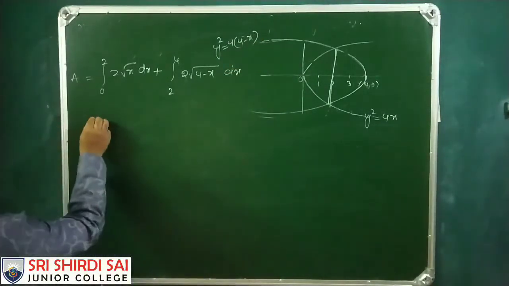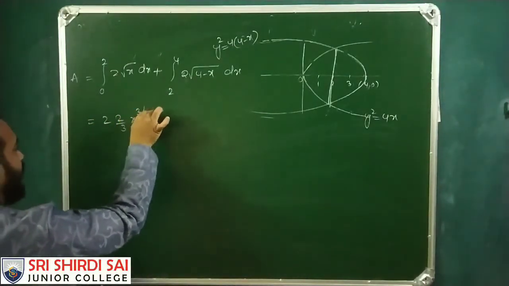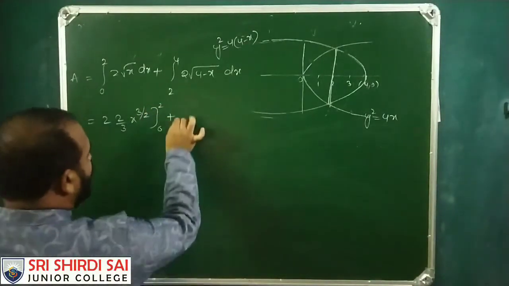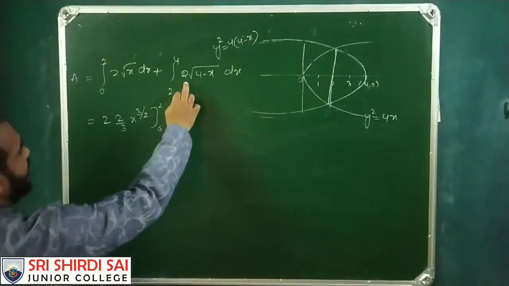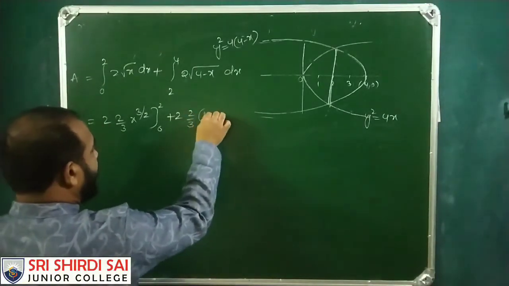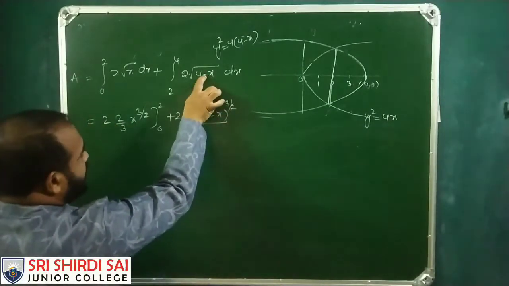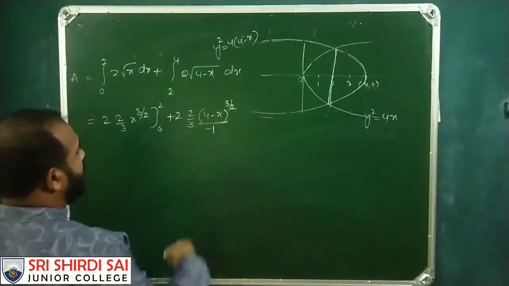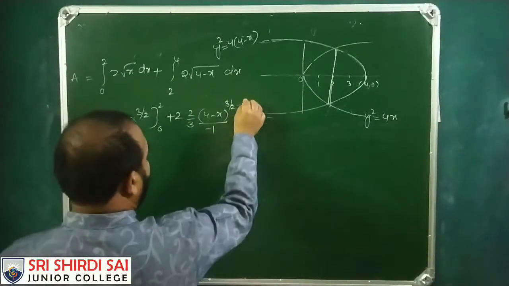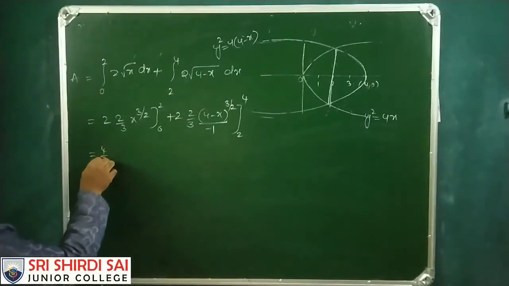This equals 2 times the integral of root x, which is 2 by 3 x power 3 by 2 from 0 to 2, plus 2 times the integral of root 4 minus x, which is 2 by 3 into 4 minus x whole power 3 by 2, divided by the derivative of 4 minus x, which is minus 1, from 2 to 4.